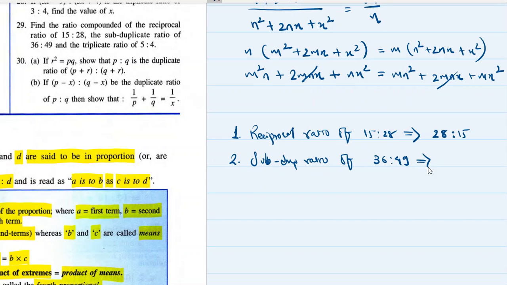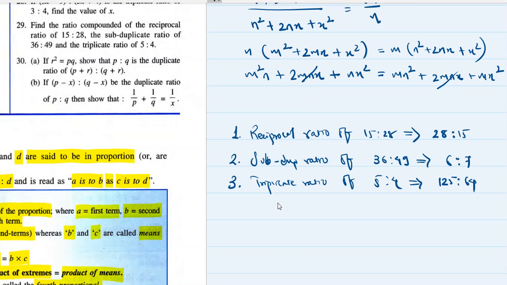Subduplicate means square root, so you get 6:7. And number 3, triplicate ratio of 5:4, which is 125:64.